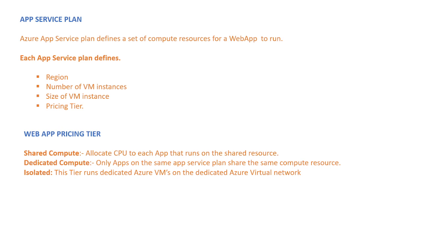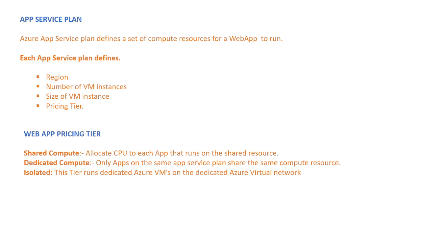If you have public facing applications, and whenever a critical or crucial requirement comes, your application server should automatically scale in or scale out. There you can decide the number of VM instances you want, or the size of each instance. That you have to decide in the app service plan.